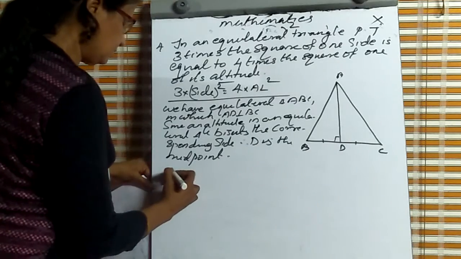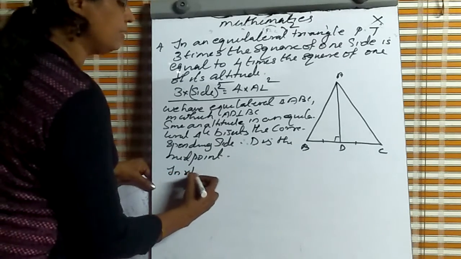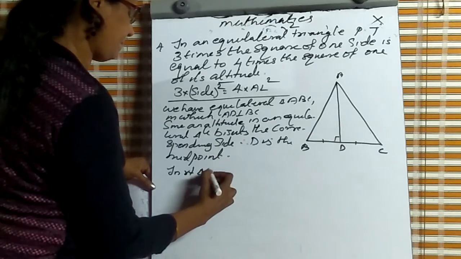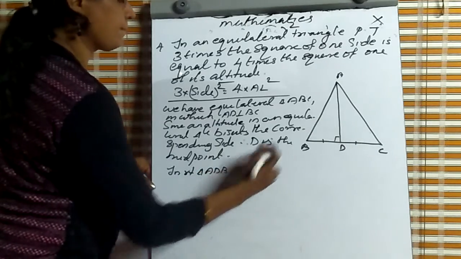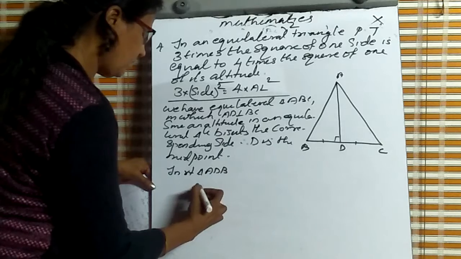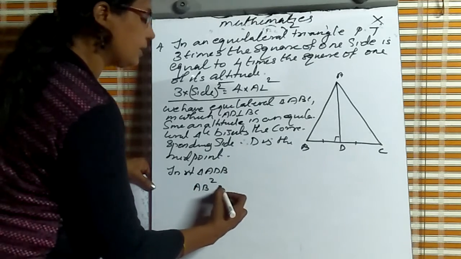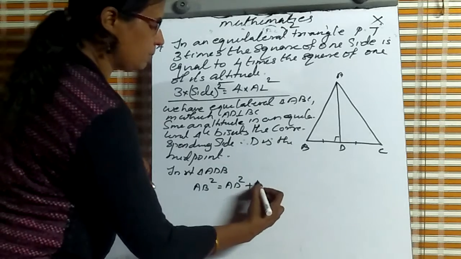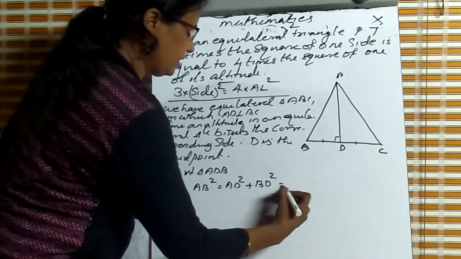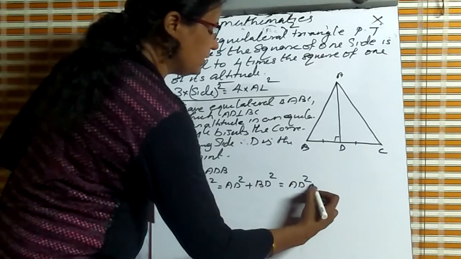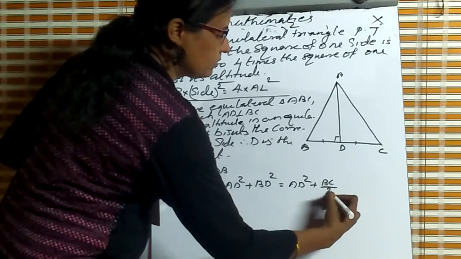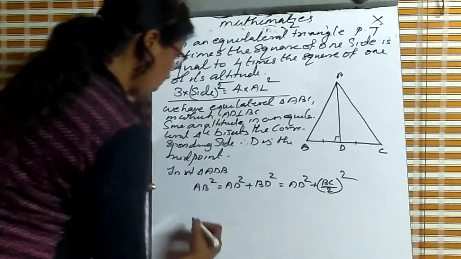Now we consider the right triangle ADB. What is AB square? AB square is equal to AD square plus BD square, equals AD square plus BC by 2 whole square.